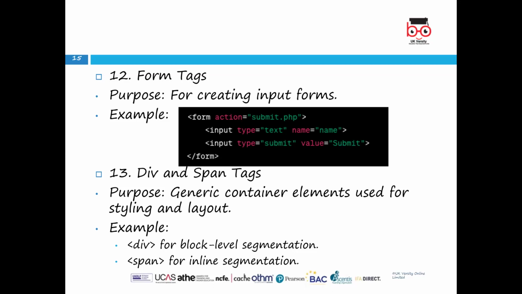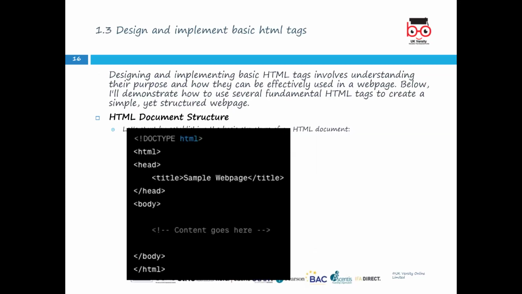Divisions, for example, have the purpose of generic containers of elements used for styling and layout, while a section could allow you to have a separate section. So division will break into blocks, while section will be separate. We just talk about a specific topic.